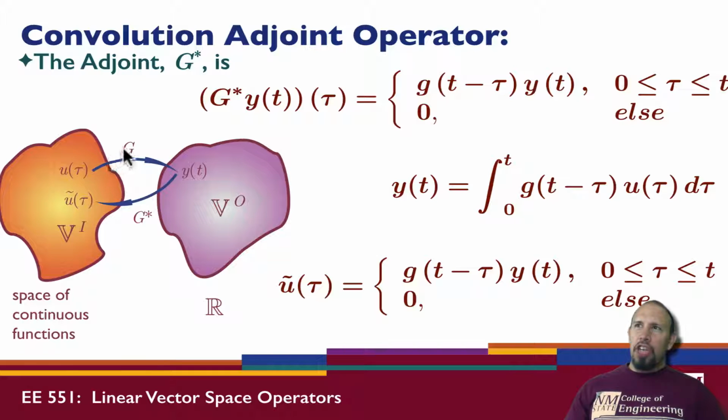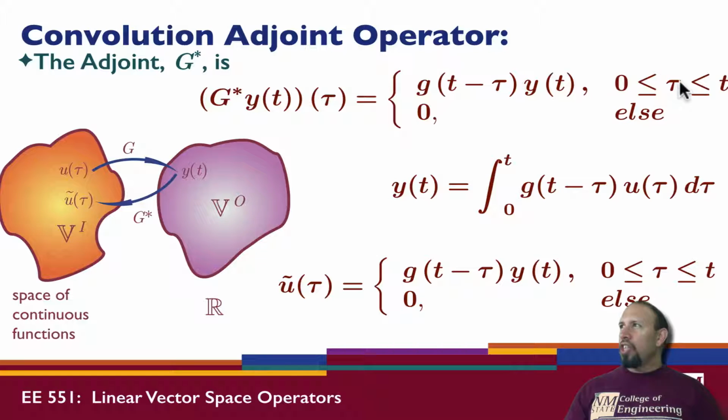Notice that here, g is taking a function that has an infinite number of values and giving a number. g adjoint is taking that number and generating a function that has an infinite number of values. Okay, so this is one way of doing that. Okay, g adjoint of y of tau is given by this.